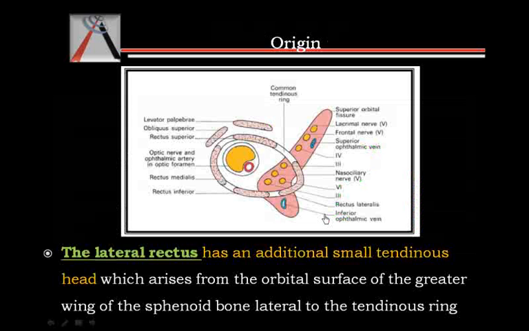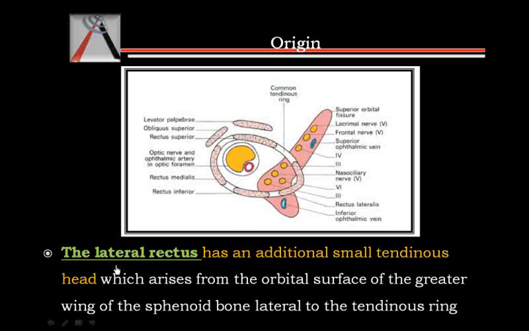With this, we move on to the origin of these muscles. In this diagram we can see the origin of the rectus muscles. All the recti, that is superior, inferior, lateral and medial, originate from the tendinous ring that surrounds the optic canal. We can see the origin of all the recti muscles over here.